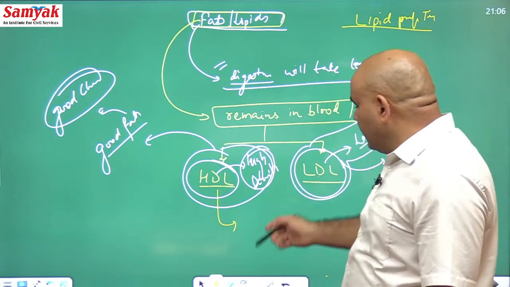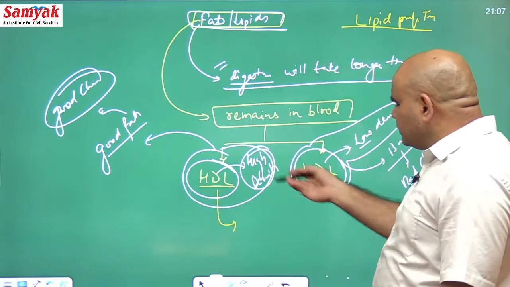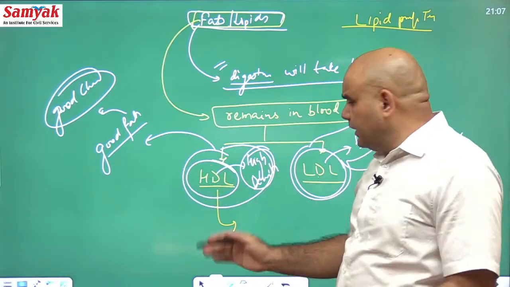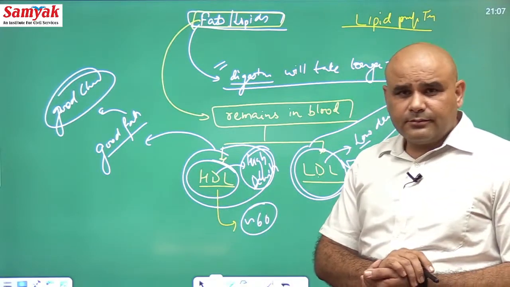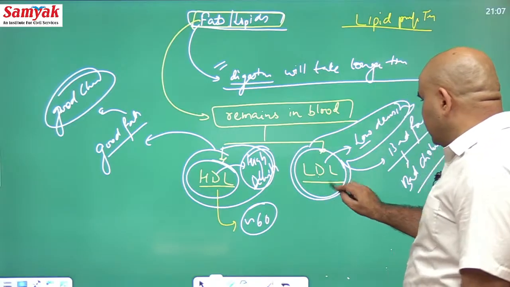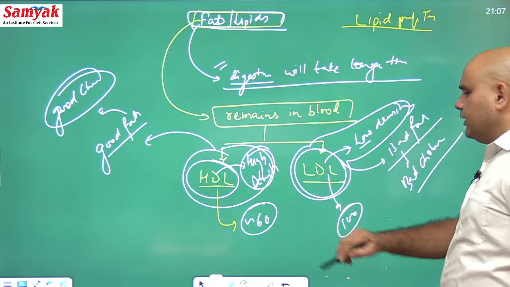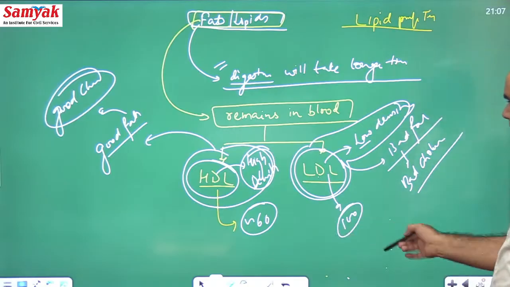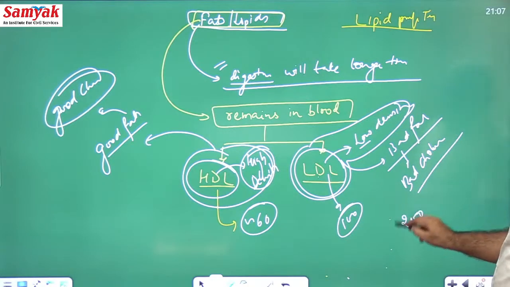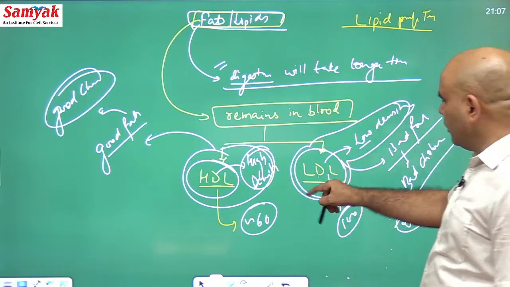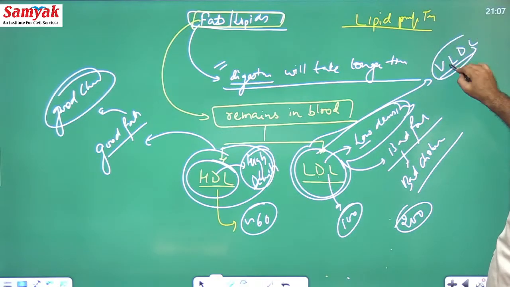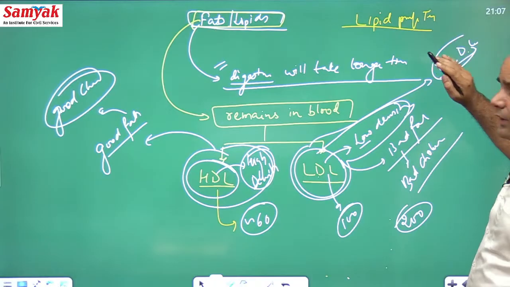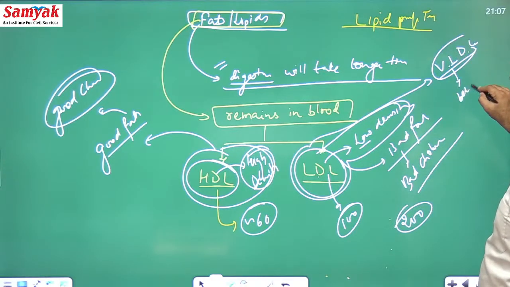Now, the blood of anyone whose examination is going on should contain HDL around 60 units only, and LDL should be below 100 units, and the total of LDL plus HDL should be below 200. One more type of LDL is there that is more dangerous, that is VLDL, very low density lipoprotein. This should be below 30.